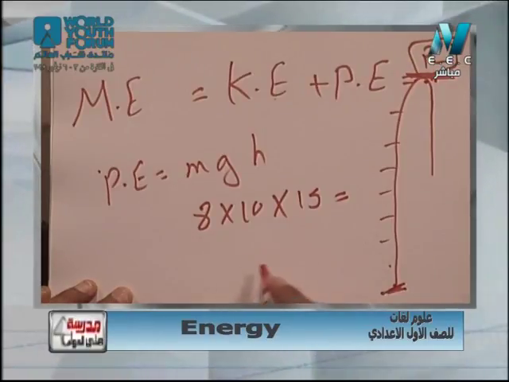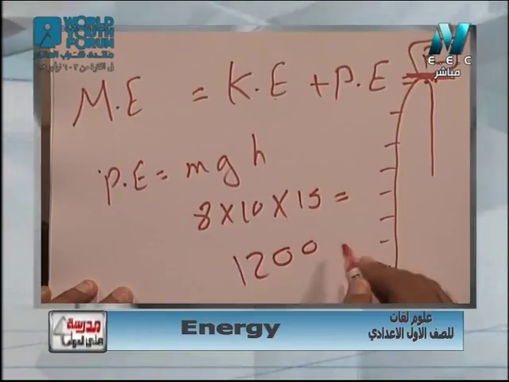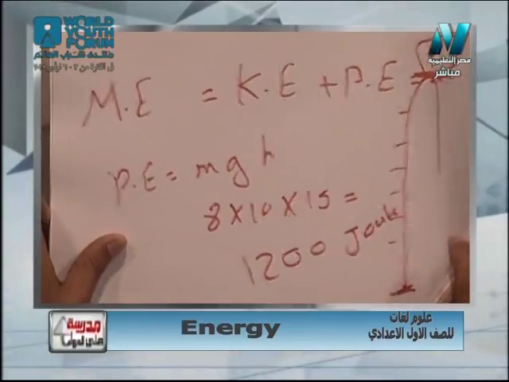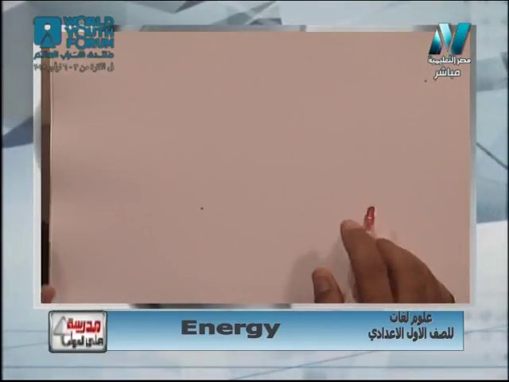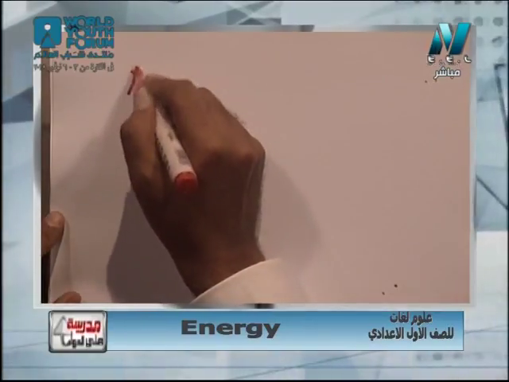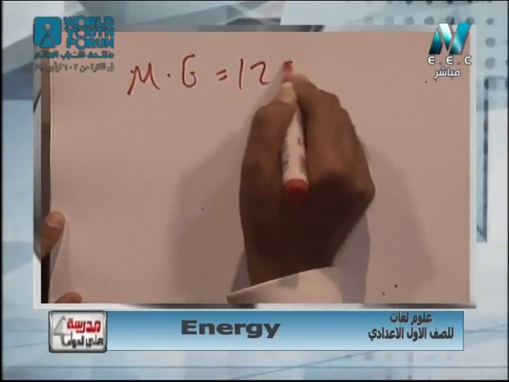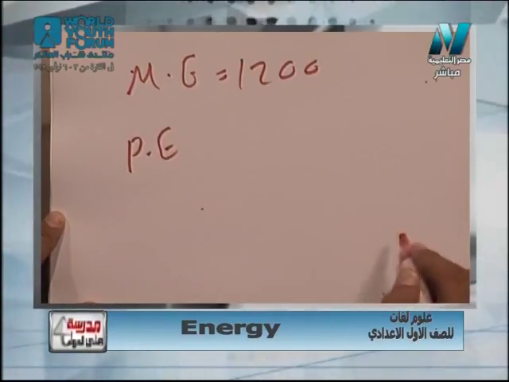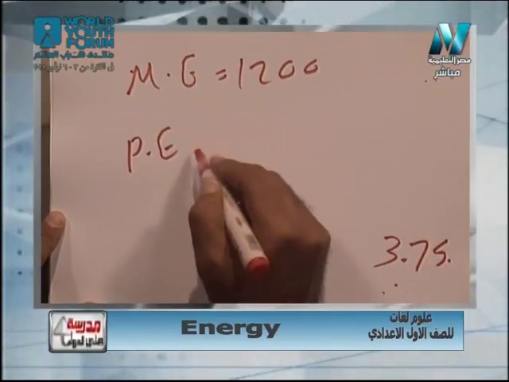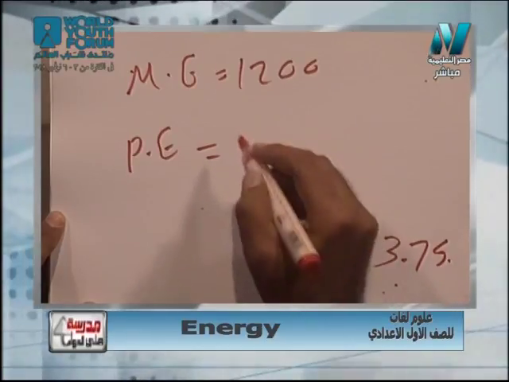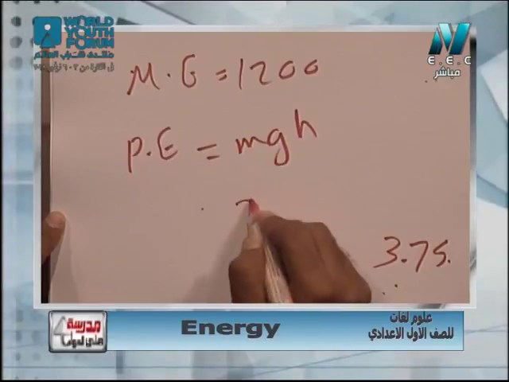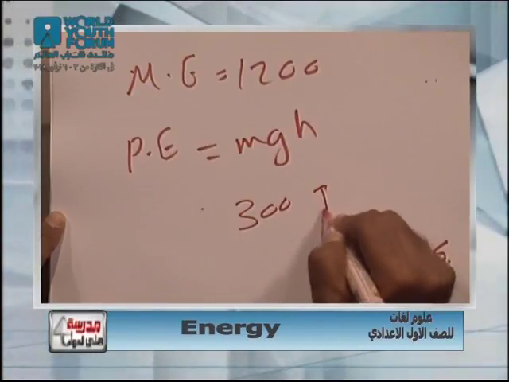Okay, it will be 1200 joules. This is the mechanical energy, equal to 1200. But the potential energy at 3.75 meters, if you write mgh, will be 300 joules.